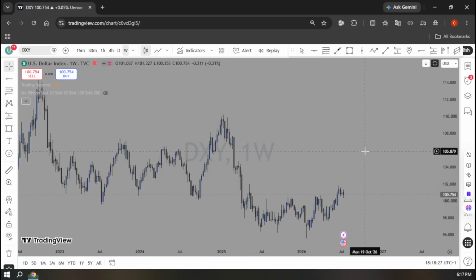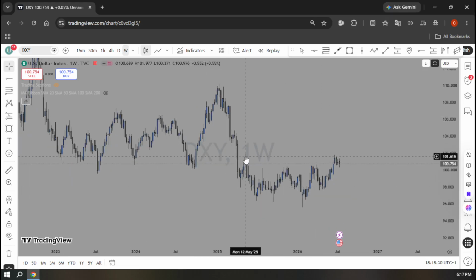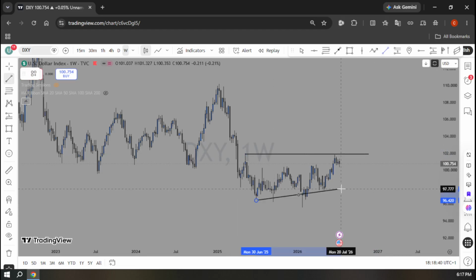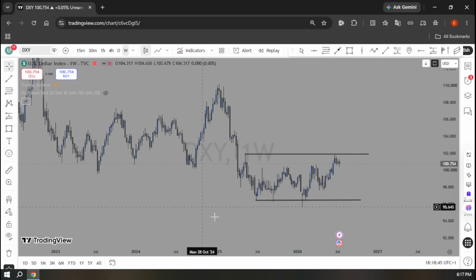These are both clear areas, clear ranges. This is a range and this is a range. So applying my lines, I'll be looking at this as a clear dealing range, notwithstanding the major move which originated from this top here.